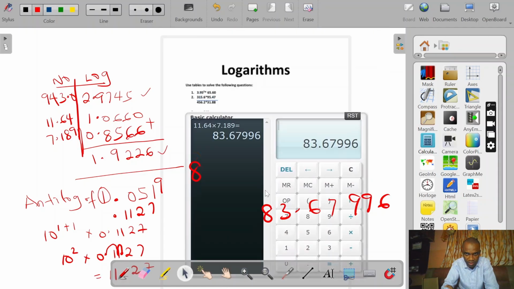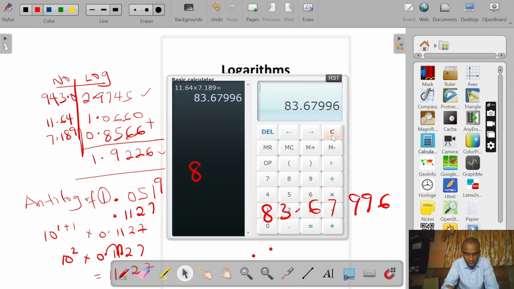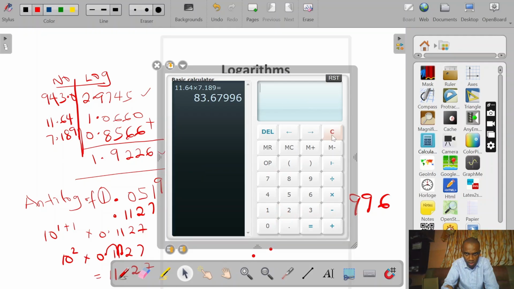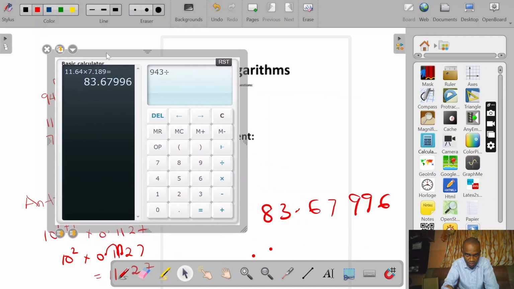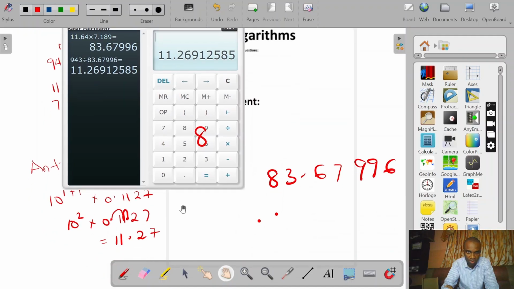So that will be 943 divided by 83.67996, and that will give us 11.269. So this compared with what I got is almost the same thing.